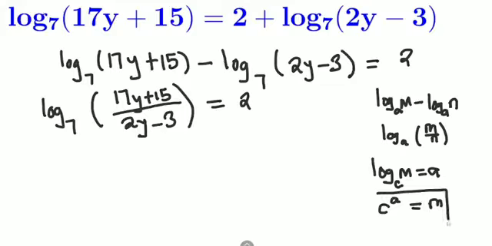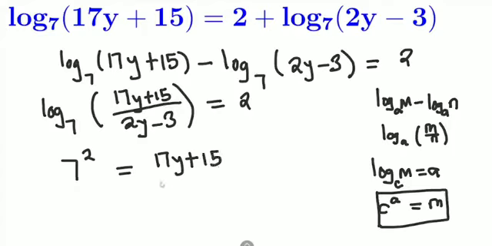This same idea that we have used here, we are also going to apply here. So this 7 will remain the base, and this 2 will be the exponent. It will be 7 raised to the power of 2 is equal to (17y + 15) over (2y - 3).